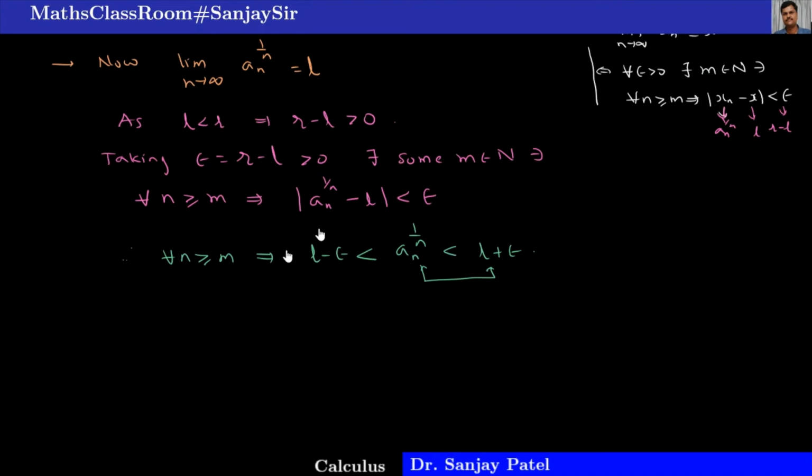So I can write this as: therefore for every n greater than or equal to m implies an raised to 1 upon n is less than L plus epsilon. But what is L plus epsilon? From this you can say that L plus epsilon is equal to r.